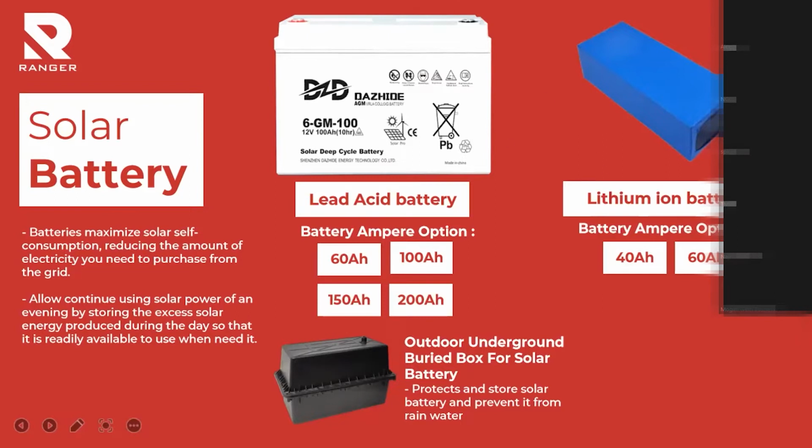Lithium ion is not as heavy as lead acid, so it can be stored in the distribution box. The price of lithium ion is more expensive because it is more efficient than lead acid battery.